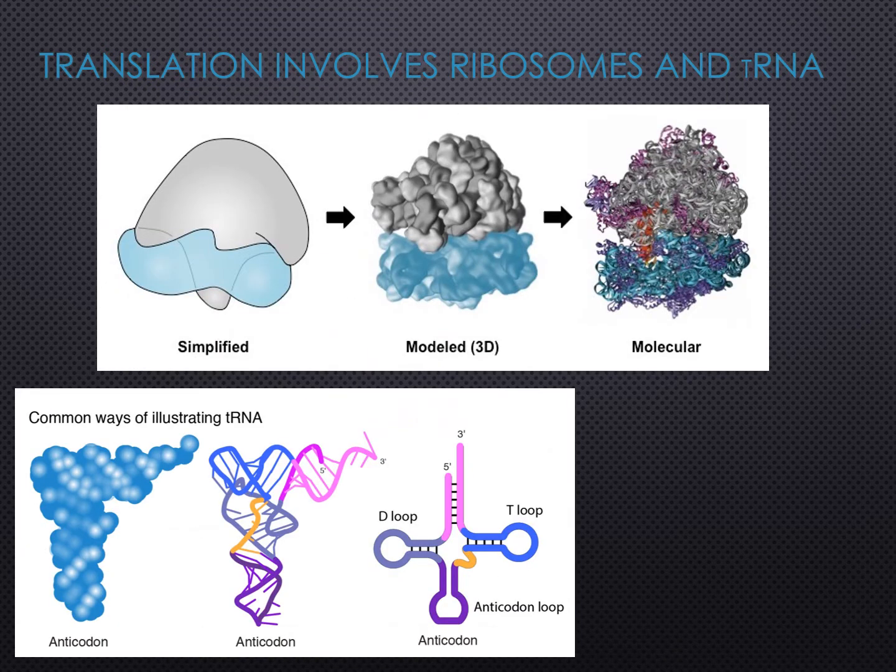Translation involves ribosomes and tRNA. So tRNA is down here, and there's going to be a couple parts that you need to know. And well, actually really just one, and that is this, the anticodon right here. That's what we're going to be focusing on, because that anticodon is going to use the base pairing rules that we talked about with RNA to bind to the messenger RNA.